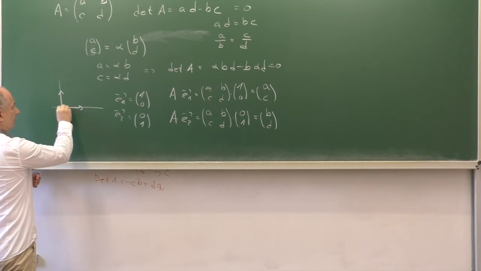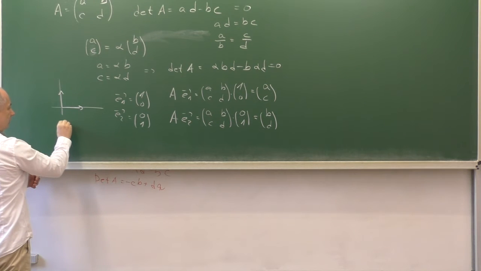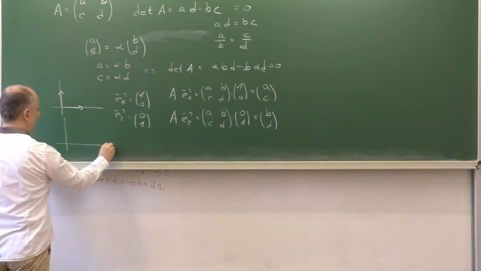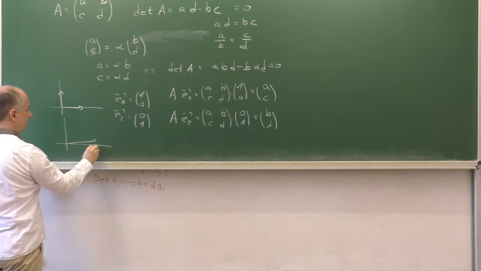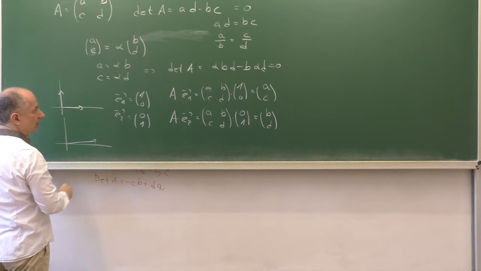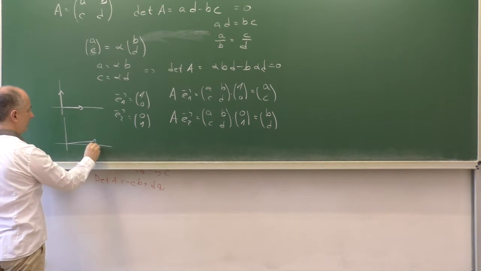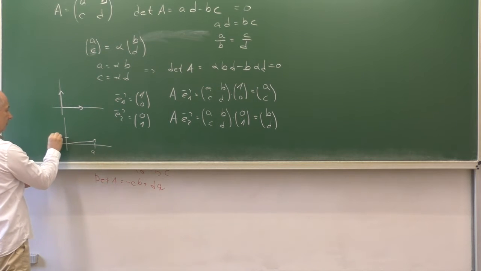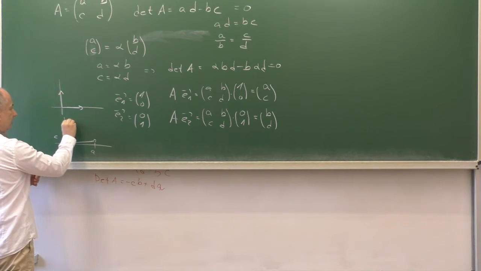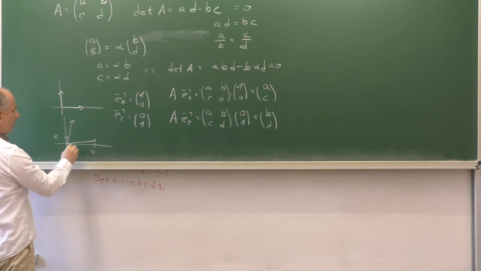So the matrix maps these two vectors into vectors. The first one has coordinates A, C, and the second has coordinates B, D.